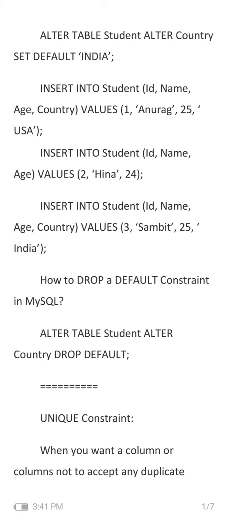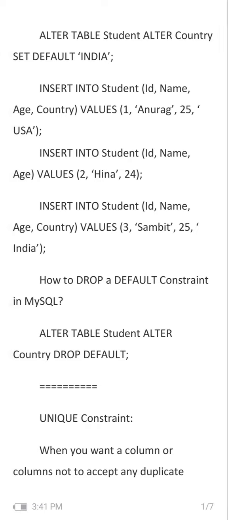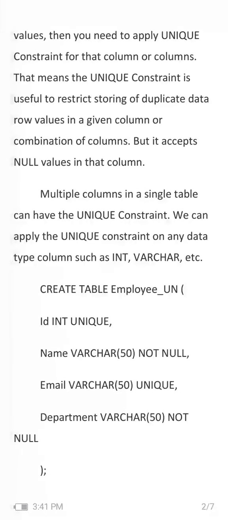When we want a column or columns not to accept any duplicate values, then we need to apply the unique constraint. Okay, this is very clear. Let's go to an example and try to understand this unique constraint as well. See here at the bottom of the screen, I'm creating one table with some fields: id, name, email and department.